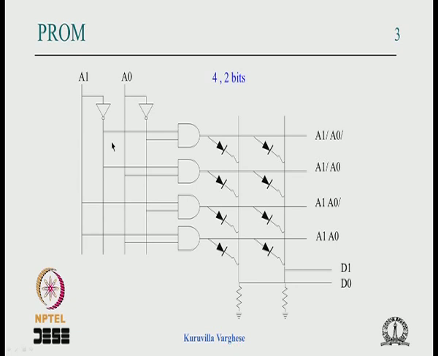Suppose there was a 16-bit microprocessor, then only A15 to A6 need to be decoded, that means 10 address lines. Then you will have 2 raised to 10, 1024 locations, that means 1024 AND gates.